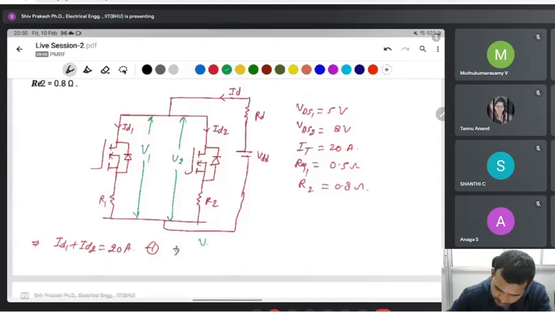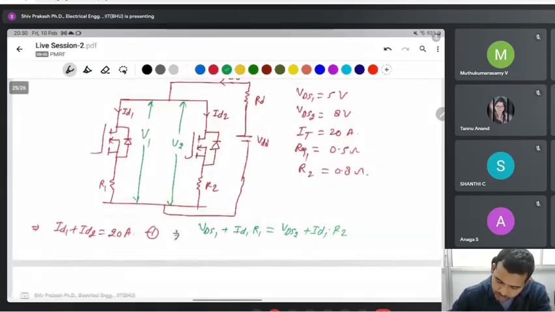Then we write VDS1 plus ID1 times R1 is equal to VDS2 plus ID2 times R2. All values are given, and we find the ID1 and ID2 relationship.